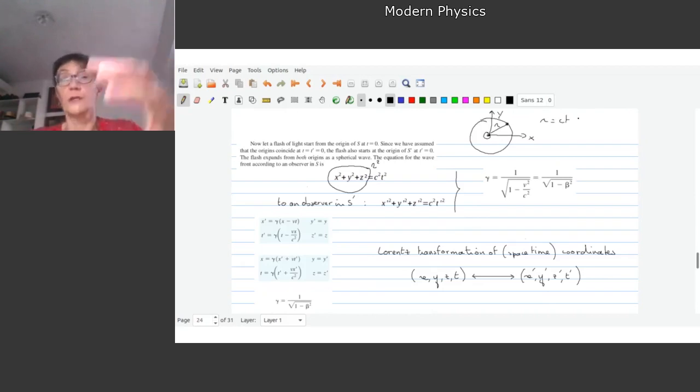This is the speed of propagation and the time in reference frame S. And so you also know that the equation of the surface is r square equals x square plus y square plus z square.